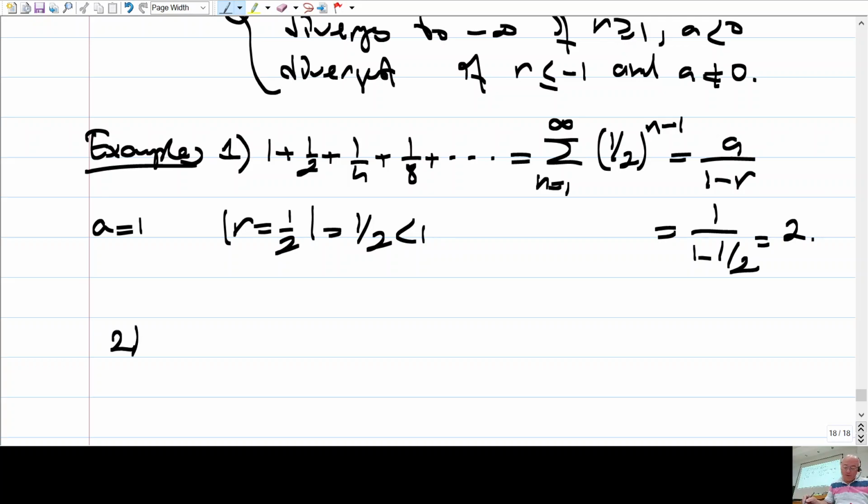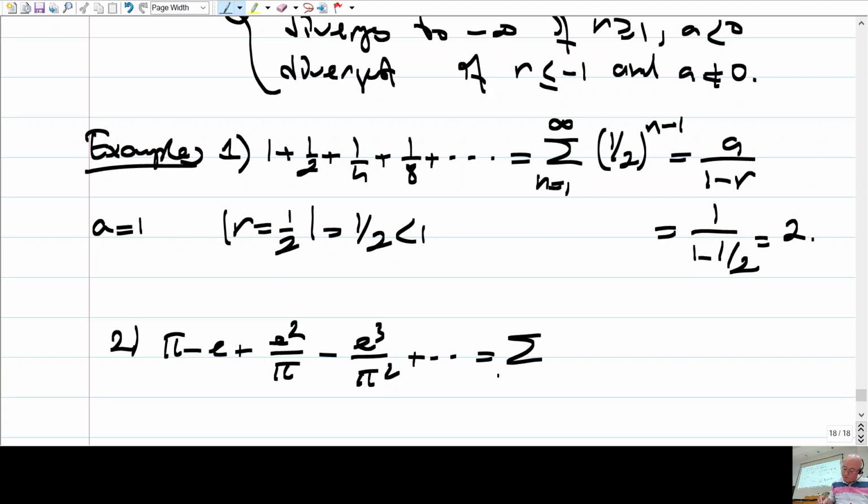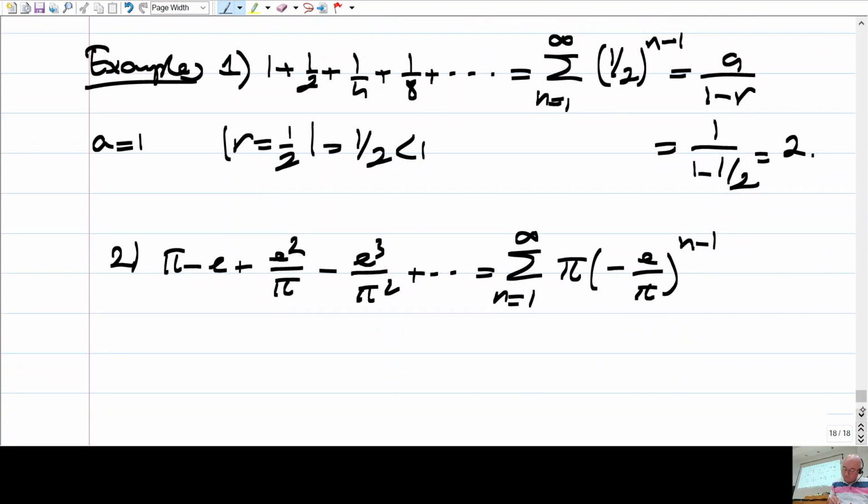Okay, let me just also do this one. Pi minus e plus e squared over pi, minus e cubed over pi squared, and so on. This is just the series pi times minus e over pi to the n minus 1.